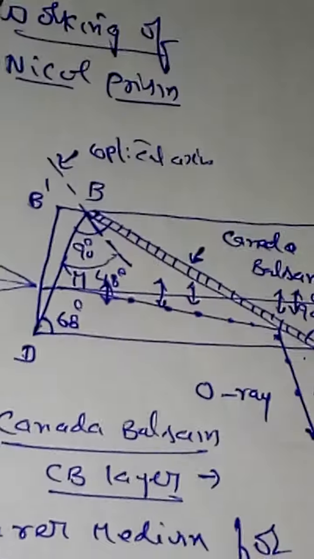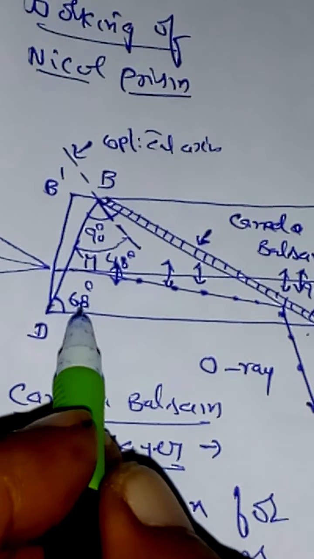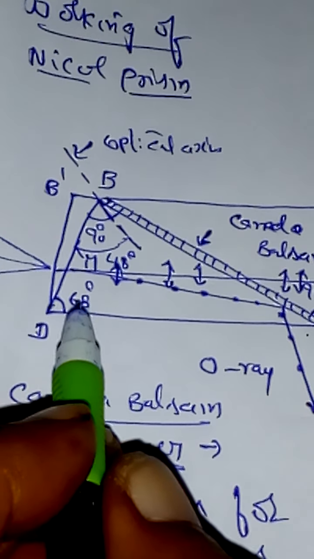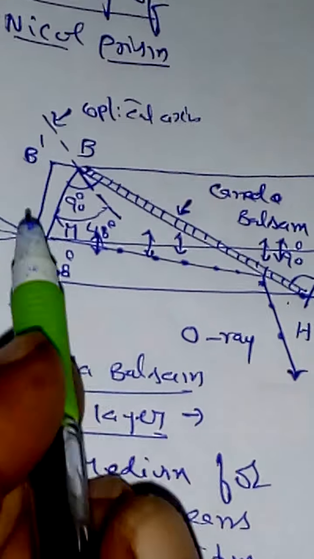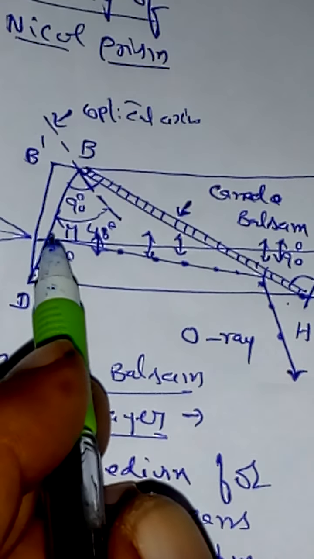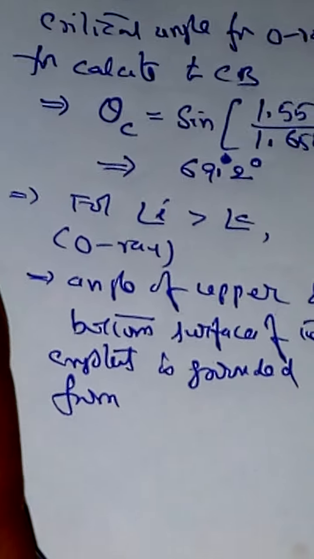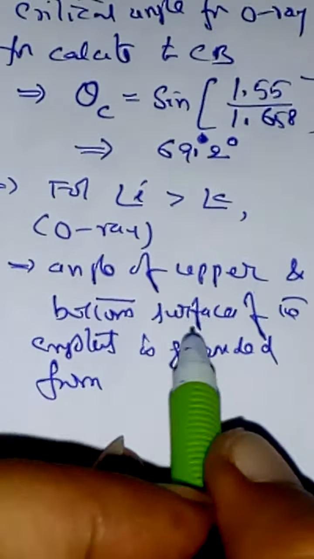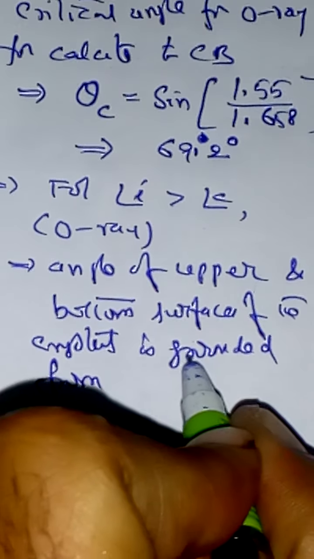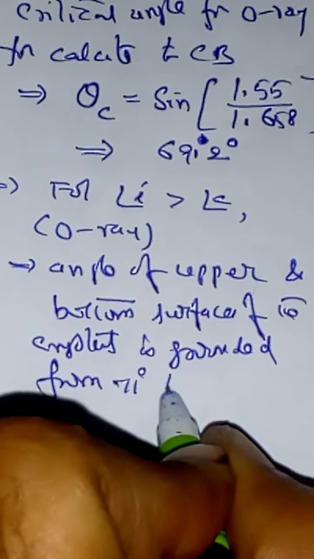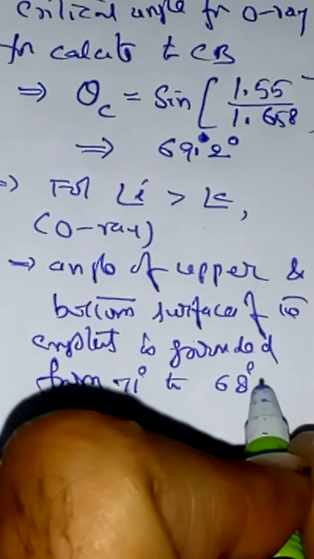see here we kept it as 68, not 71 as said earlier. Why have we done that? To get the angle of incidence greater than the critical angle, to have total internal reflection, the upper and bottom surfaces of the crystal are ground from 71 degrees to 68 degrees.